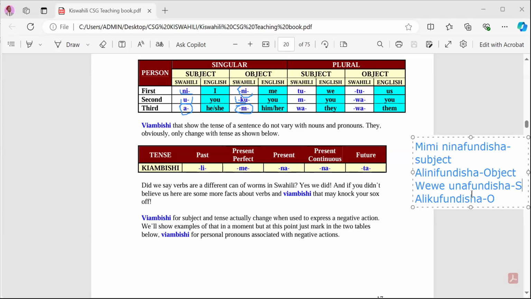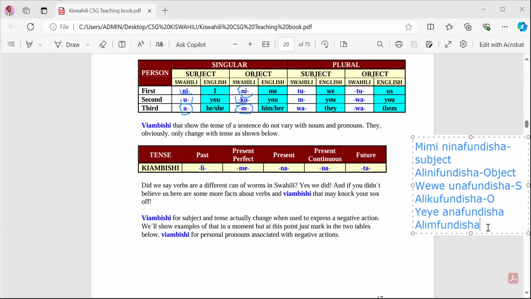Now we will check on the same. Let me finish now the third one. It's yeye. Yeye anafundisha. Its object part will be alimfundisha.